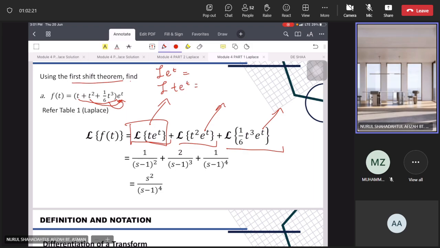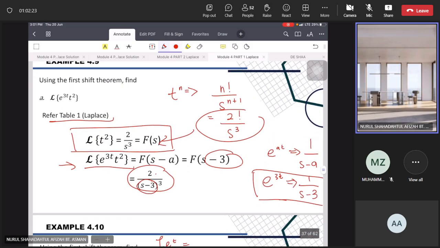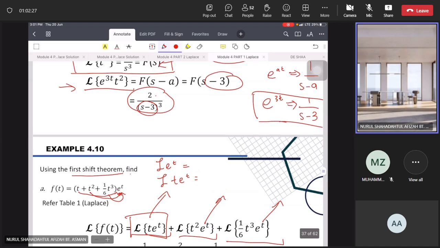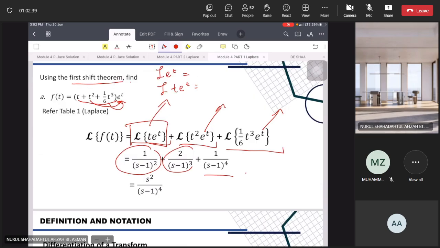Same method, same step as the previous e^t. And you get this one. So I think you can try to do it yourself. The method is to try to find this, t.